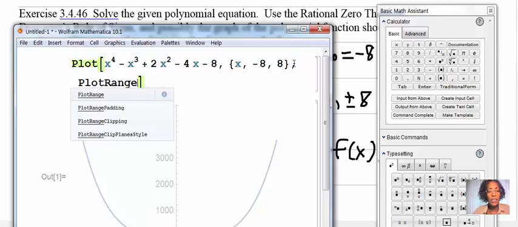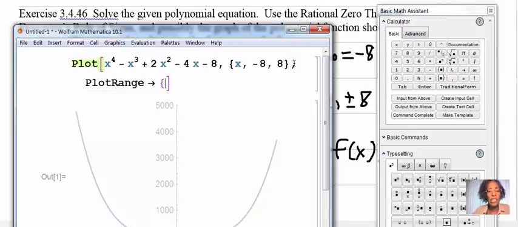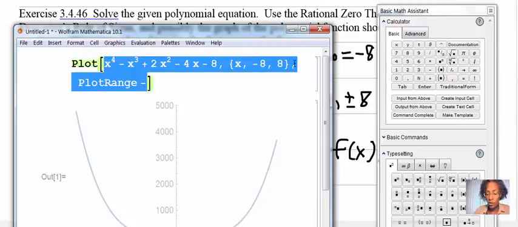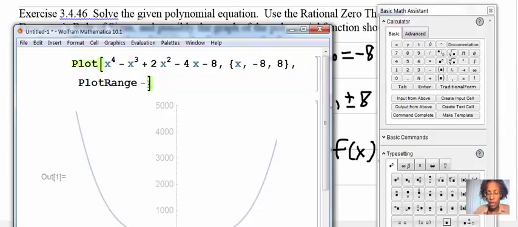and I'm going to tell it, so this is giving a range of y values. And notice what I typed in here to get this arrow. I typed the dash and then the shift of the key where you would get the period at the end of a sentence.